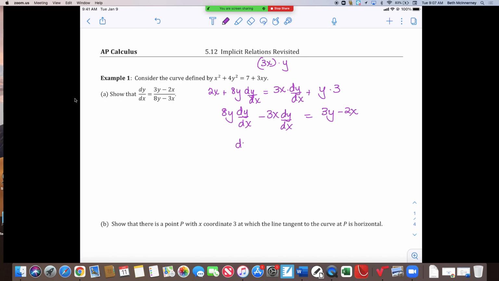I'm going to factor out the dy/dx. When they say show, if you skip too much, you're not going to receive full credit on a free response. Then I would divide both sides by the 8y minus 3x. So there I have it.